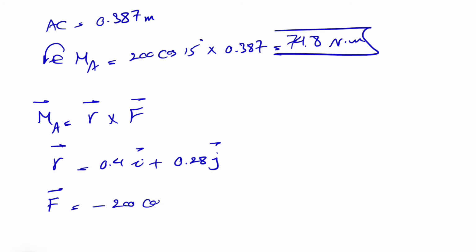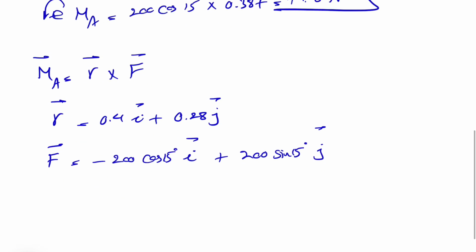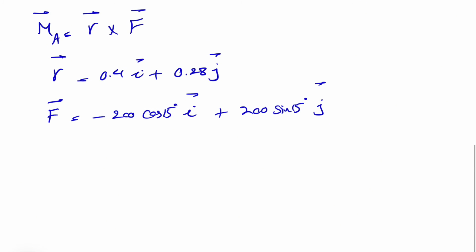Our F in here, we already found it, is minus 200 cosine of 15 degrees in X direction and plus 200 sine of 15 degrees in J. So now we have our cross product in here, which means we have to find the determinant of this matrix.